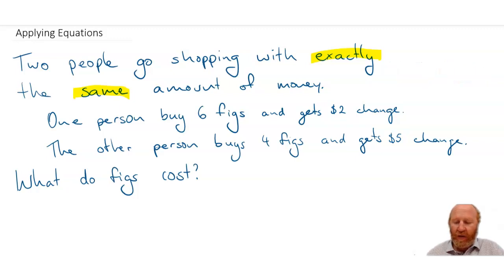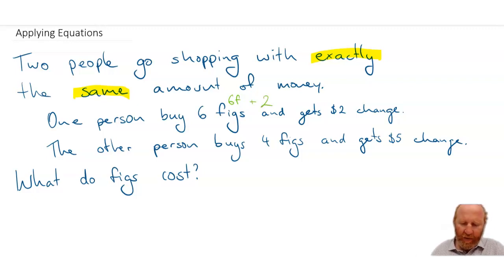So now we need to look carefully at what's written here and see if we can turn it into some algebra. We're told that two people go shopping with exactly the same amount of money. There's our equal sign. One person buys 6 figs and gets $2 change. So their amount of money got them 6 figs and $2.